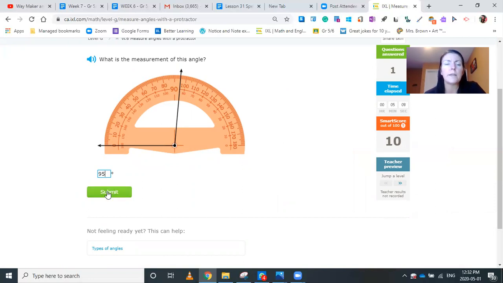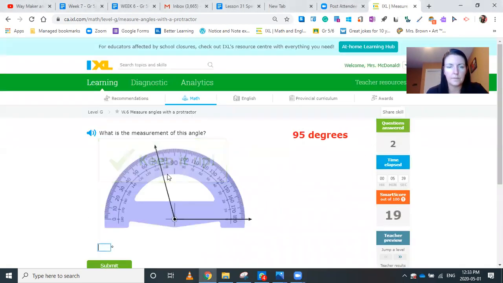In your Google form, it is difficult to do that, so you can just write it out in words, spelled degrees. So in your Google form test, you would write 95 degrees. All right, so let's submit that.